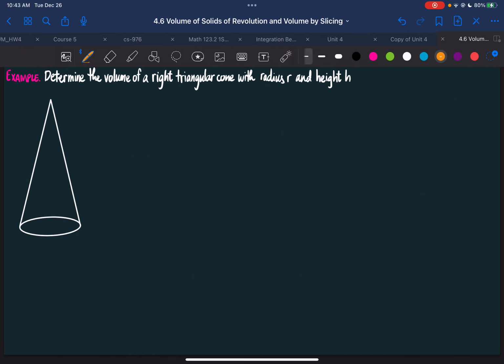Let's try first what would happen if we slice this solid vertically. So for example, if we slice it exactly right here, what do you think we will get? What we will get here is a triangle, right? What we will obtain is a right triangle. It's a triangle right here.